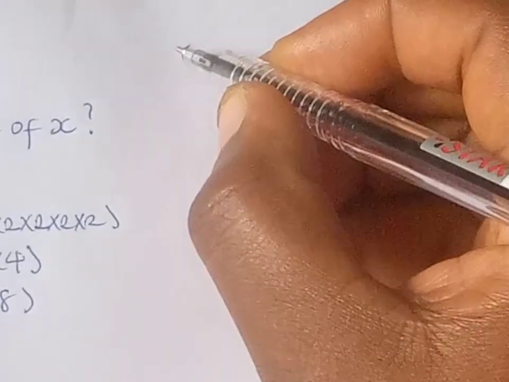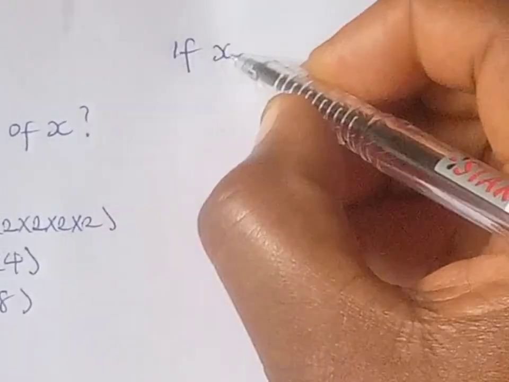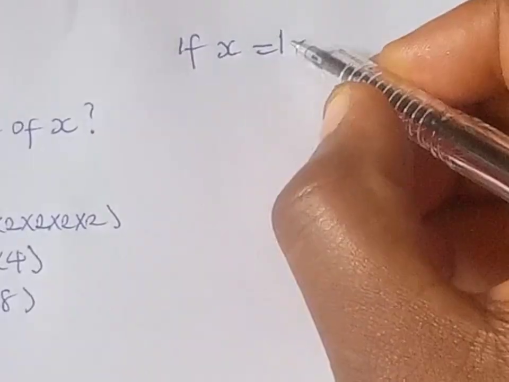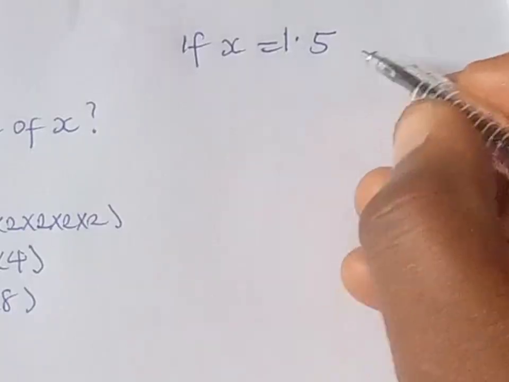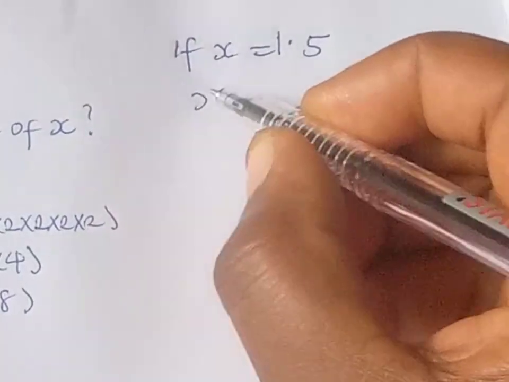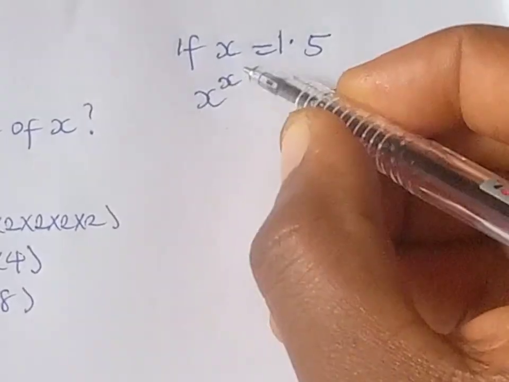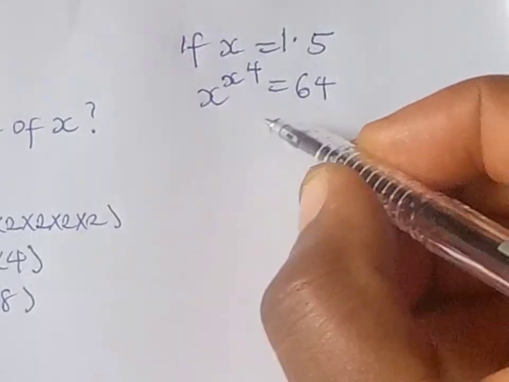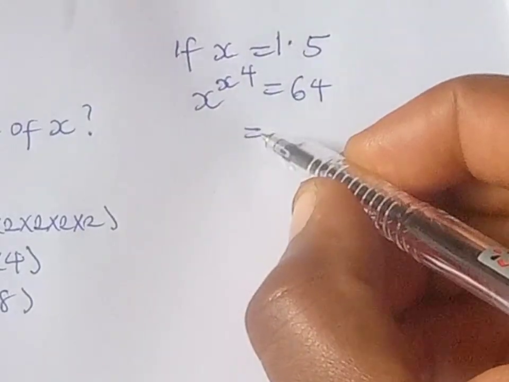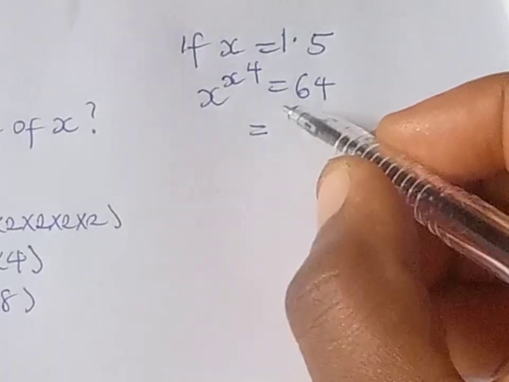Let's estimate if x equals 1.5. If you substitute this into our equation, which is x raised to the power of x to the power of 4 equals 64, our result is going to be much smaller than 64.